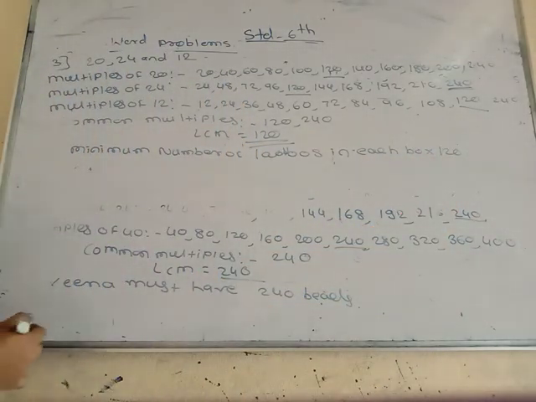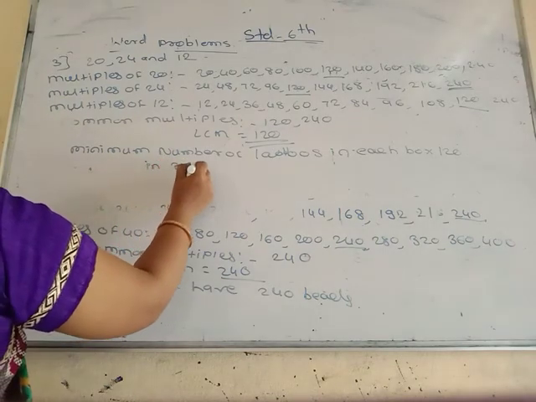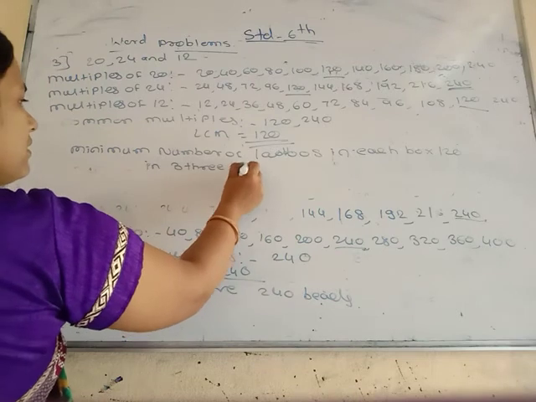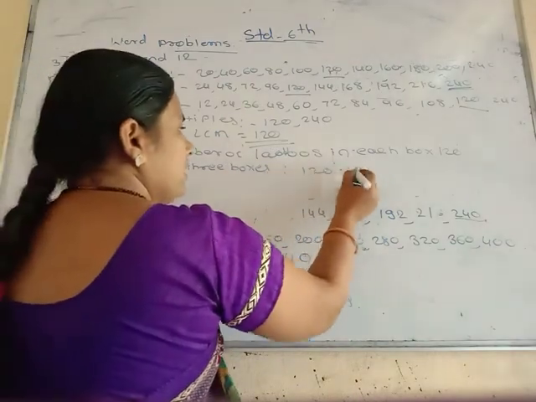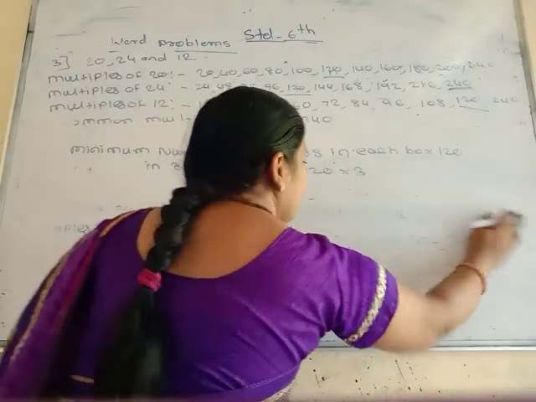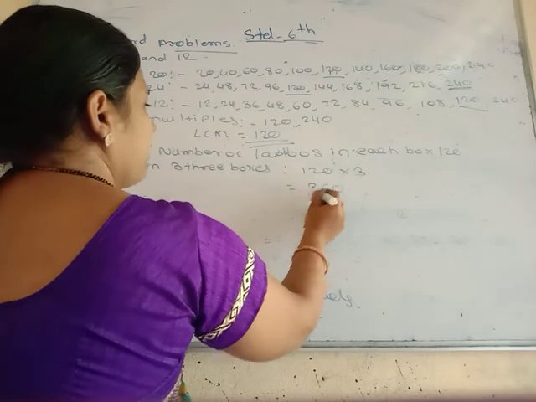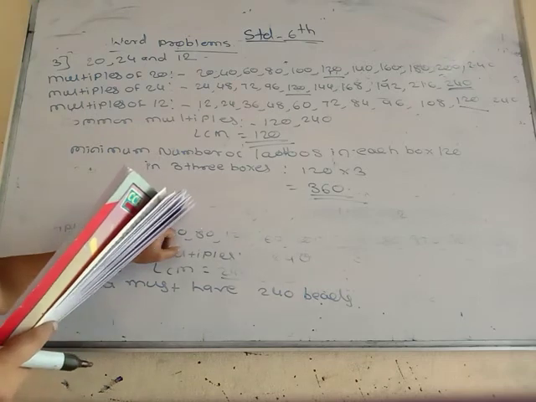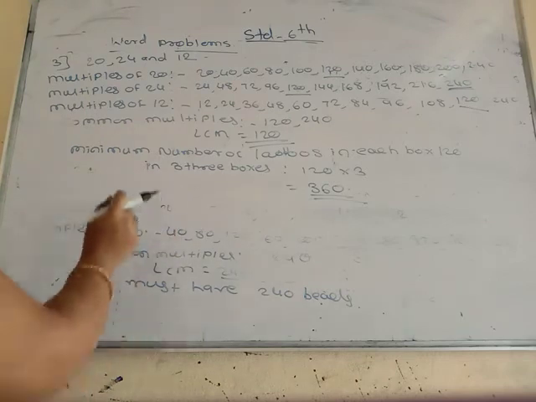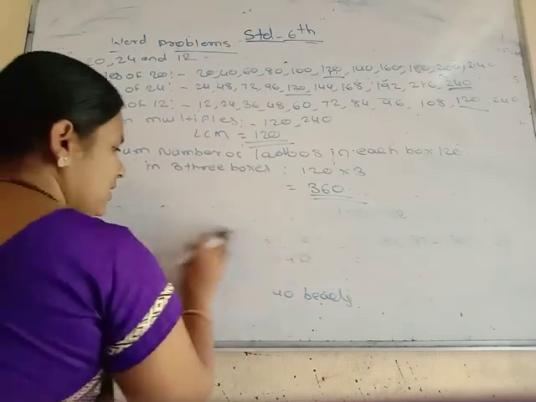Then here 3 boxes. How many ladus is 120 into 3? The answer is 360. Then below you write the answer in words: 360 ladus in 3 boxes altogether.